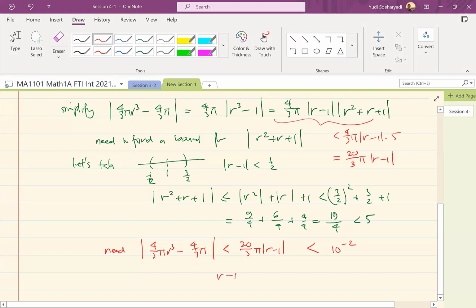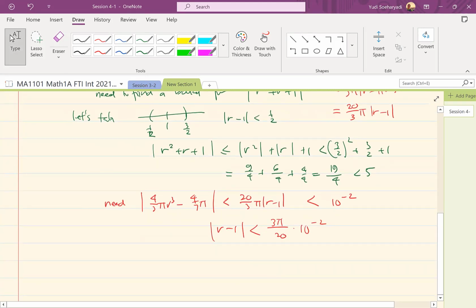Then you see that r minus 1 should be less than 3 pi over 20 times that. So this you can take as delta.